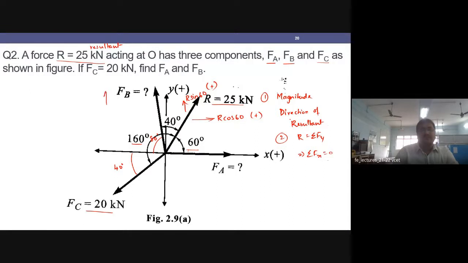I have FB into sin 80 and FB into cos 80. The cos component, since that is in the second quadrant, will be negative, and this value will be positive.